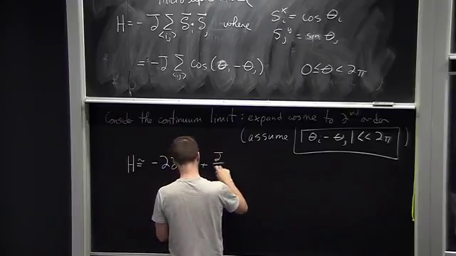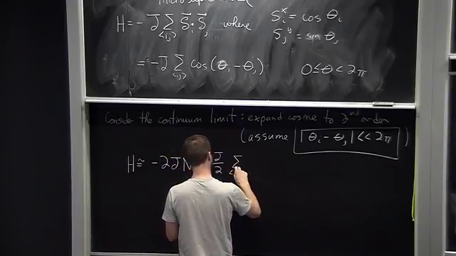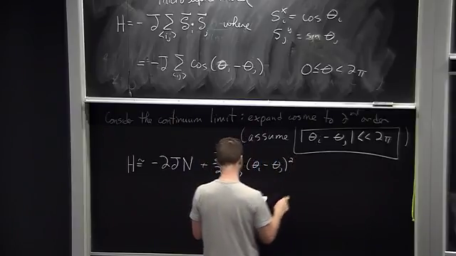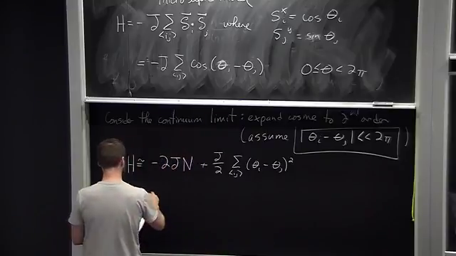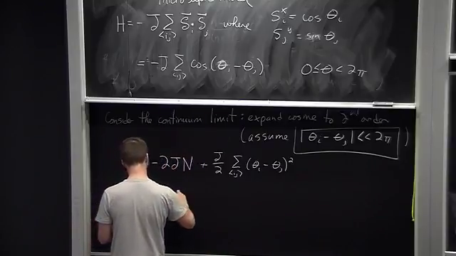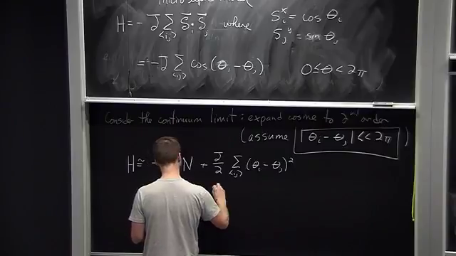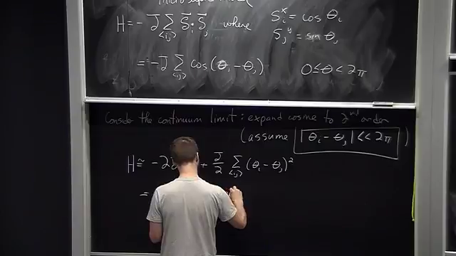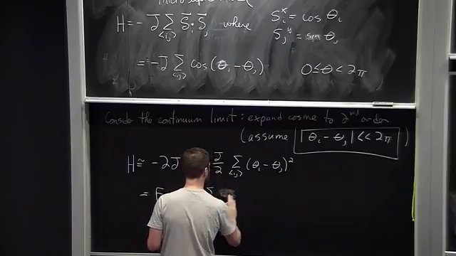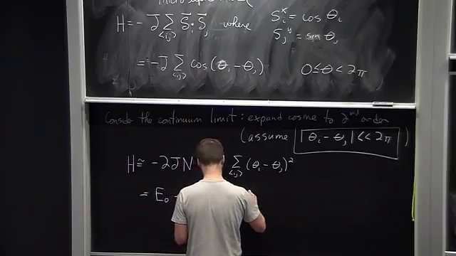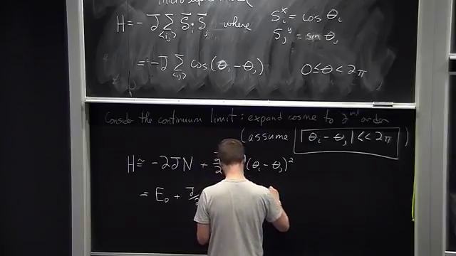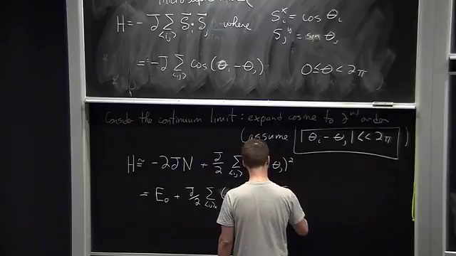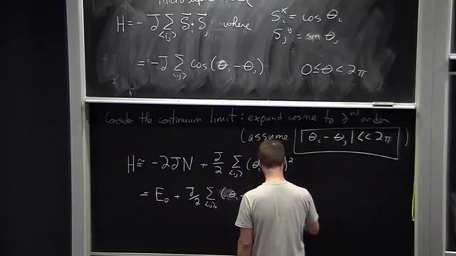And that term is just a ground state energy. Oh, sorry, got rid of the cosine. So just keep in mind there's 2 bond directions in 2D.